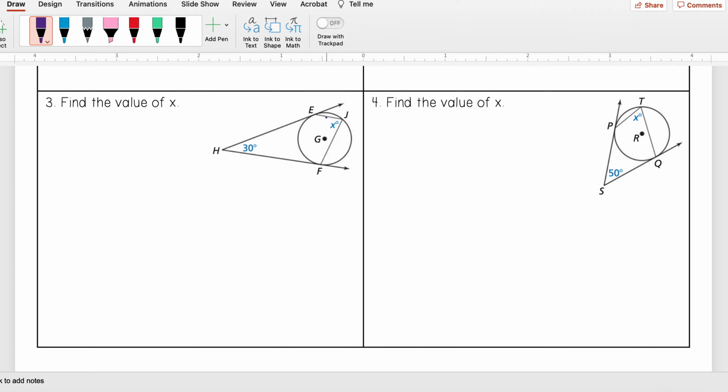So I have my inscribed angle x, and that is equal to, if you remember from my inscribed angle theorem, half of the measure of arc EF. And we know that the measure of arc EF is equal to the measure of that central angle, so EGF.